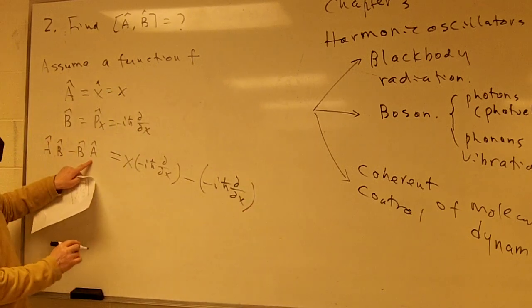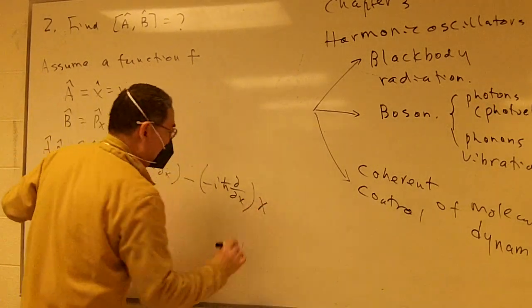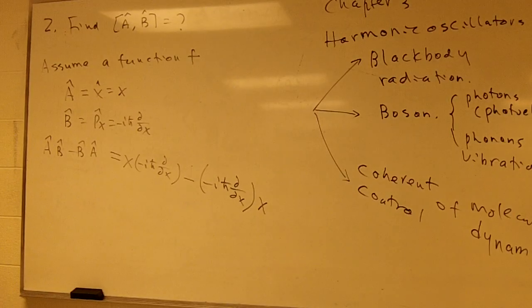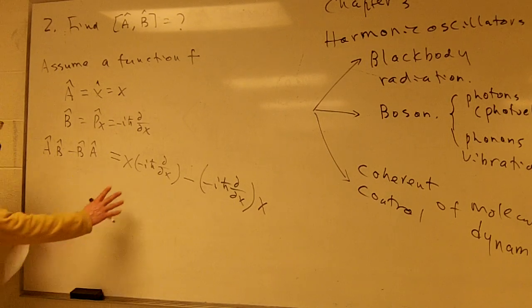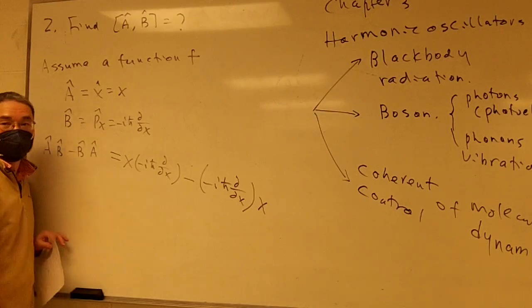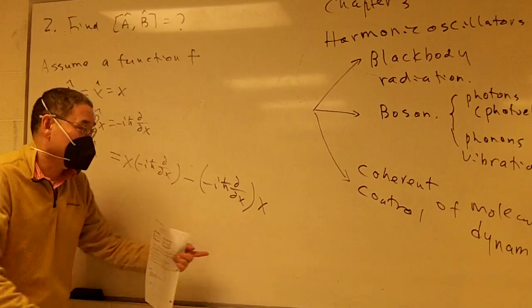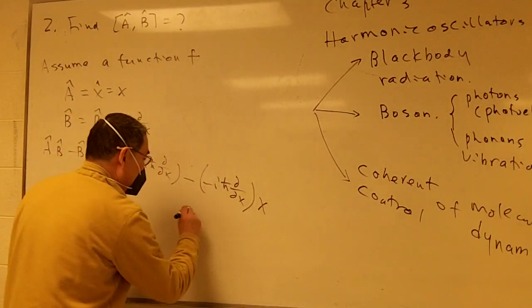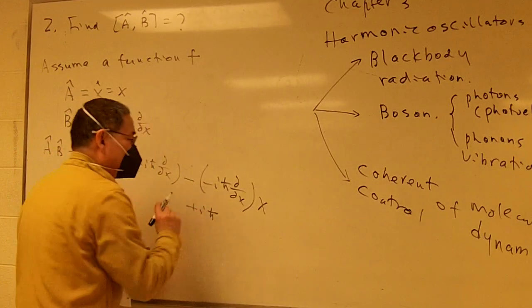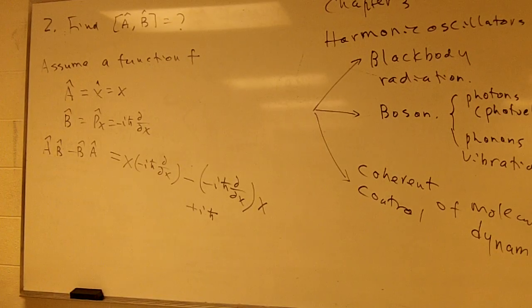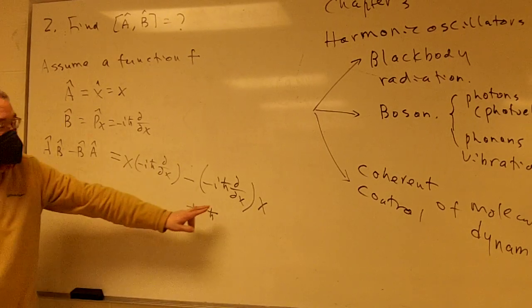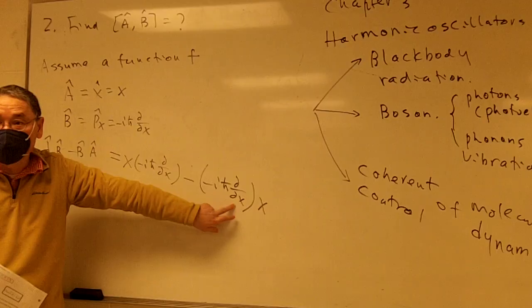And this A is x. First term is fine, but second term has a problem. If I take a partial derivative, this entire term will equal i h bar. There's no question about it. But remember, this guy is an operator.